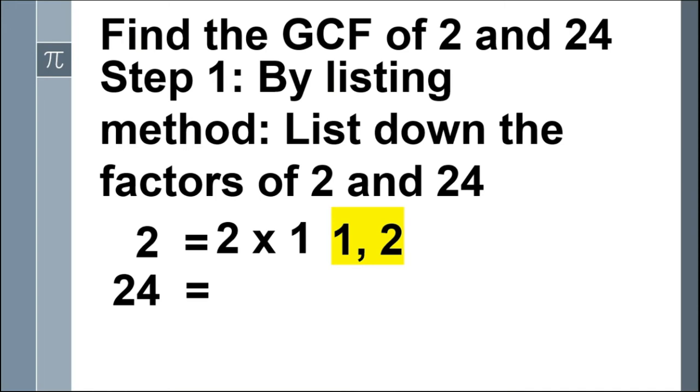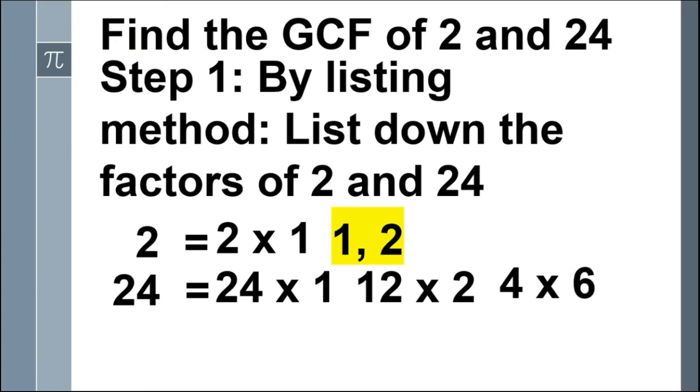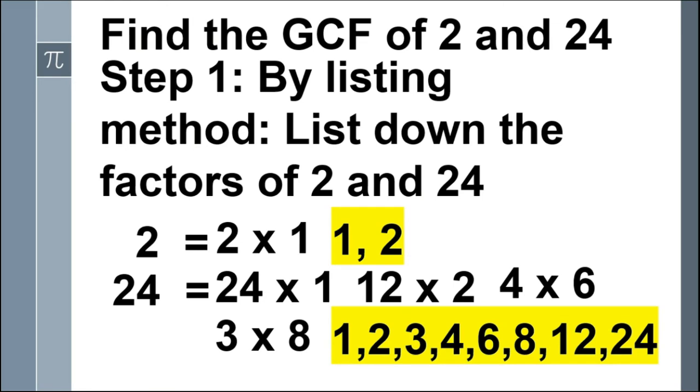Ang 24 naman, 24 times 1, 12 times 2, 4 times 6, at 3 times 8. Pag nilista nyo, ayan, ang factors ng 24: 1, 2, 3, 4, 6, 8, 12, and 24.